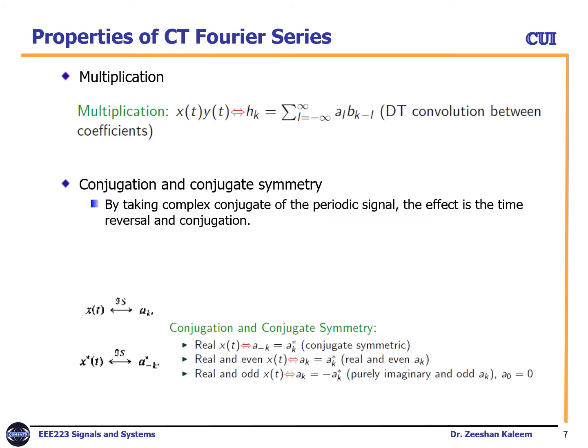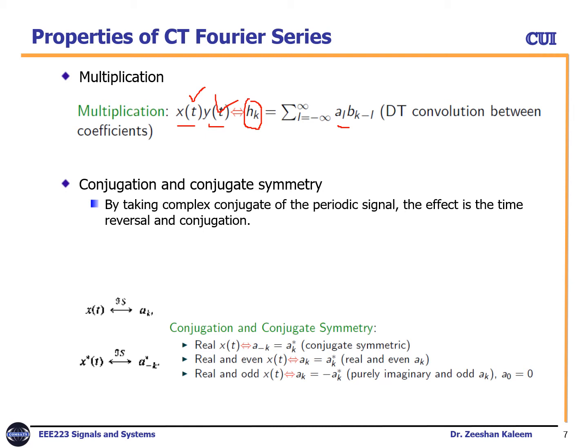The other property is multiplication. When you multiply two signals of the same period, for example, x(t) and y(t), the resultant Fourier series coefficients are given by the sum over l from minus infinity to plus infinity of a_l b_(k-l), where a is the Fourier series coefficients of x(t) and b is that of y(t).